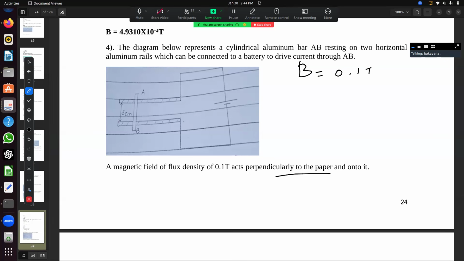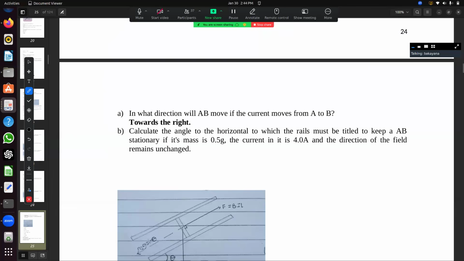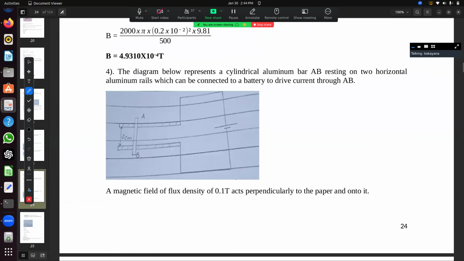If it is going inside the paper, we have a circle and a cross. Outside the paper, it is a circle and a dot. For those who were with us in the first lesson, you learned this. Okay, so we shall continue. In what direction will AB move if the current moves from A to B, applying Fleming's left-hand rule?